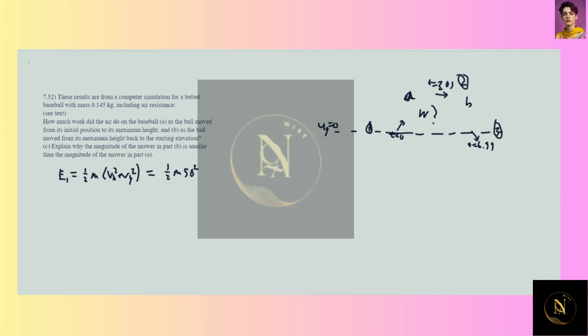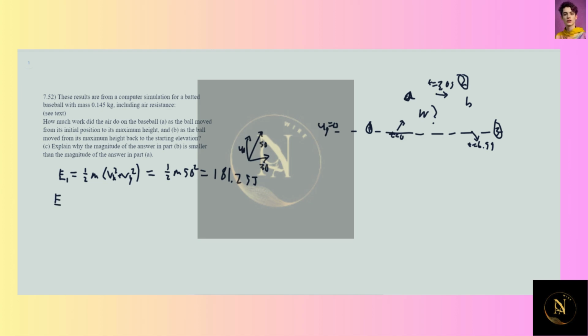If you remember your special triangles, 30, 40 makes a vector that is 50 long, 3, 4, 5. That's special. Once we plug in the mass, that will come out to 181.25 joules at t equals 0.